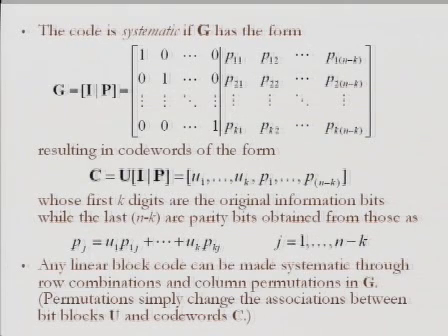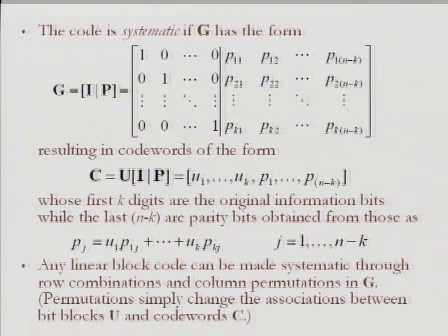The first parity bit is obtained by multiplying the first information bit by the first row of P. I'm calling P this part of the matrix, the part that's not the identity. So the first row of P times U1, plus the second row times U2, and so on, until the kth information bit multiplies the kth row of P, which is this row over here.